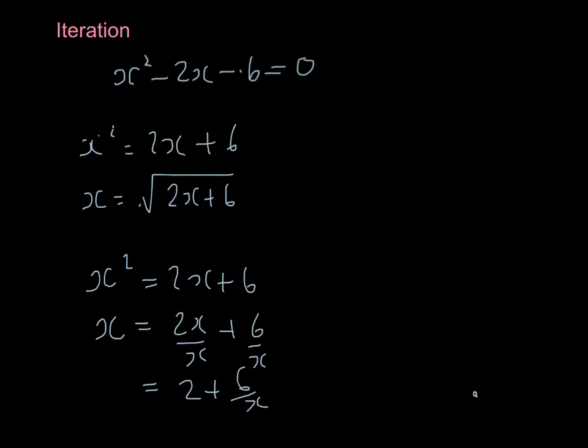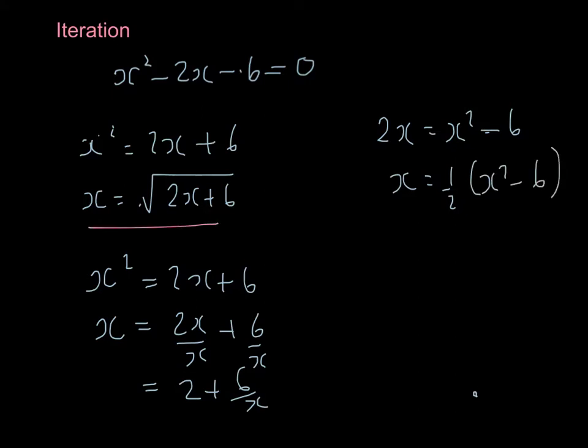And then a third way, we could say that 2x is equal to x squared minus 6, so x is a half of x squared minus 6. Okay, so those are three different rearrangements of the same equation. So we're going to then use each of those in turn with the method of iteration.